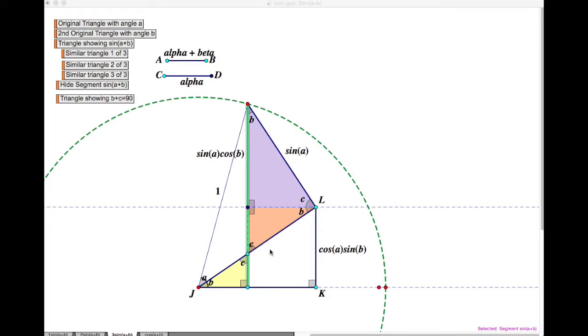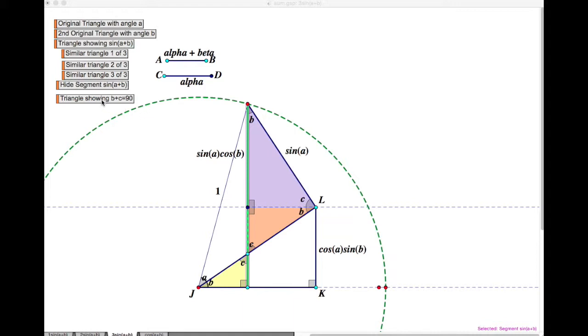This is true because the angles in a triangle must add up to be 180 degrees. Since the orange triangle and also the yellow triangle contain a 90-degree angle, the remaining two angles, B and C, must add up to be 90 degrees. Therefore, B and C are complementary angles.